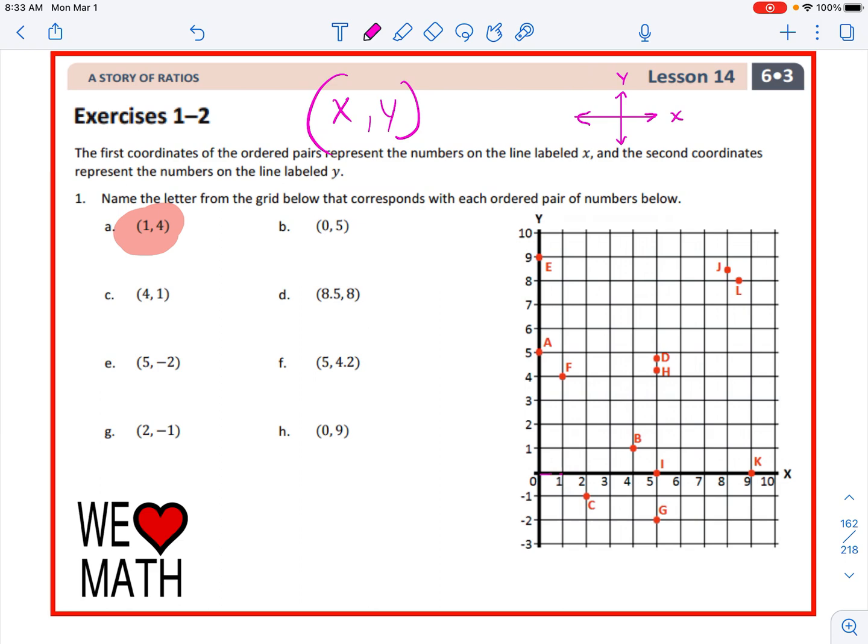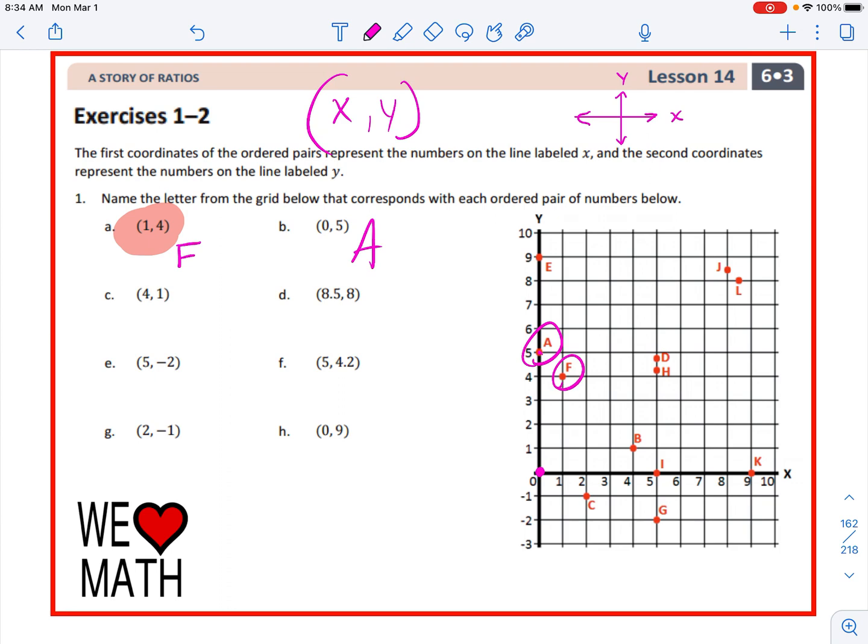But then it's 4 for the Y, so we need to go up 4. So 1, 2, 3, 4. This is the one we're talking about, so under A, we would write F. Now let's look at B. B is at 0, and it stays at 0. Then it goes up 5, so B would be A.